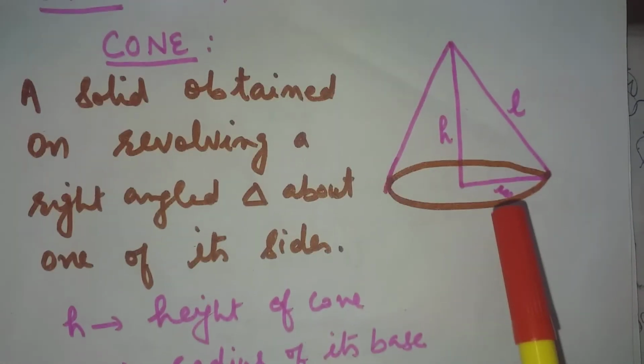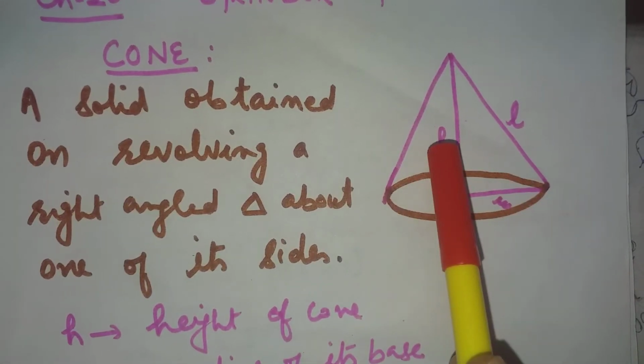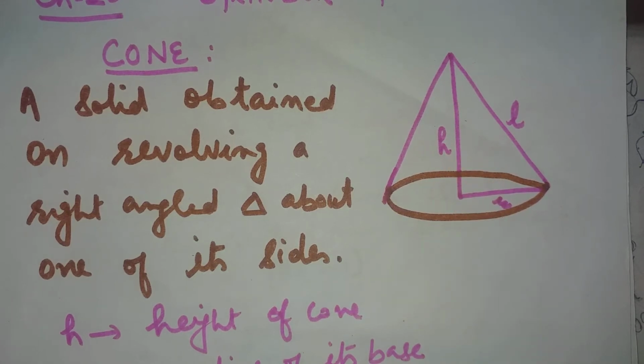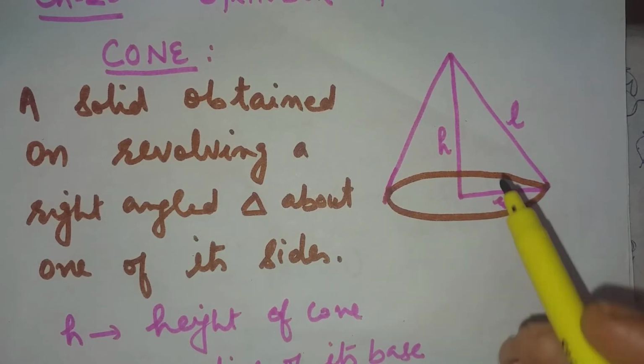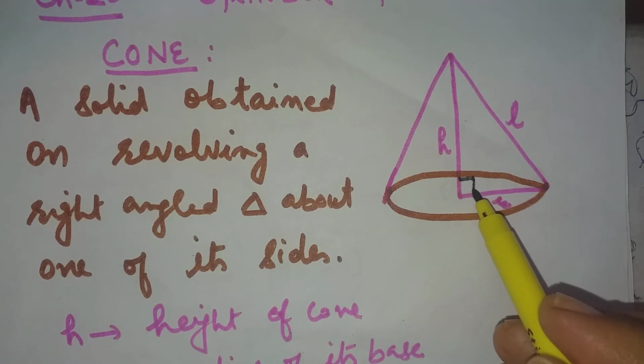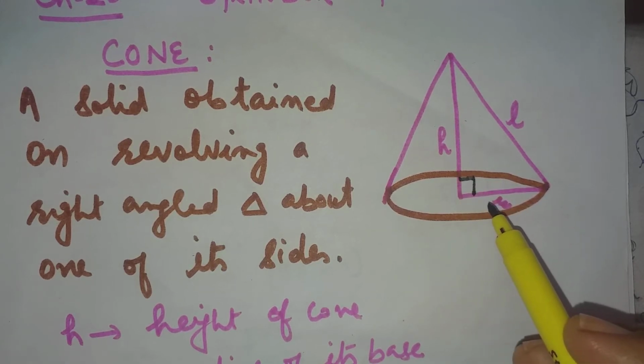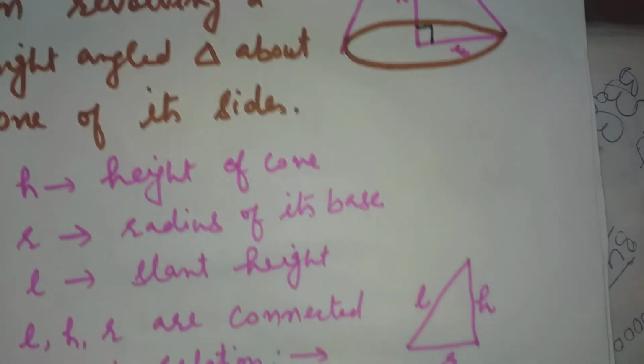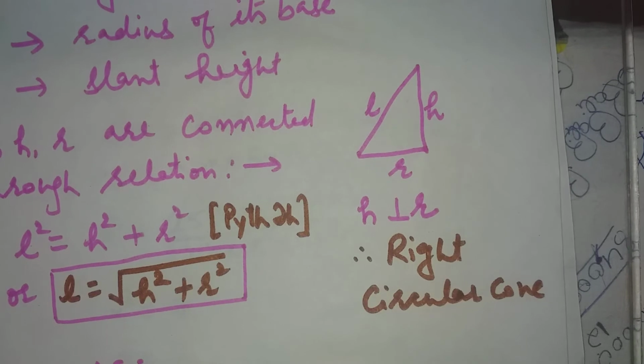You have seen here clearly, just see again, H and R will always be perpendicular to each other, right? Height and radius, straight height and the radius, will always be perpendicular to each other. Therefore, this cone is also known as a right circular cone. Why right circular?